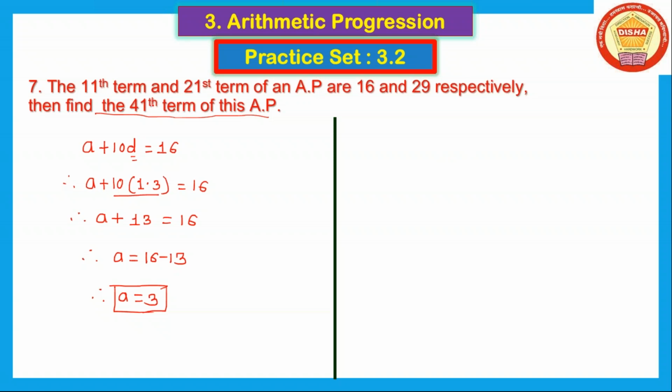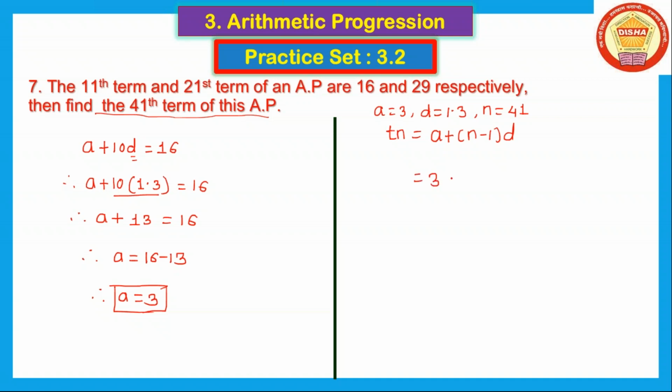To find the 21st term, we use the Tn formula. Tn is equal to a plus n minus 1 into d. Here, we take a is equal to 3, d that we found is 1.3, and n is equal to 41. Then we put the values here.